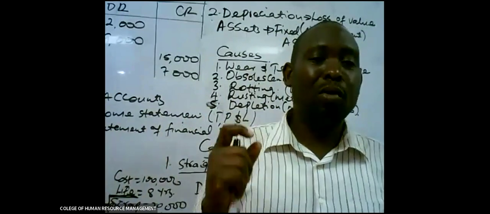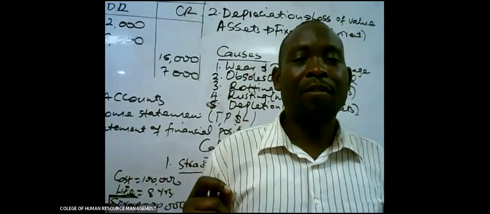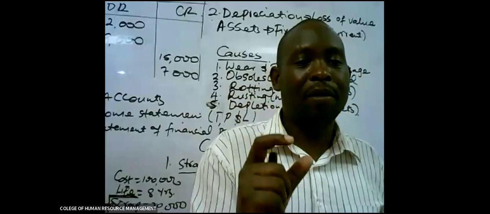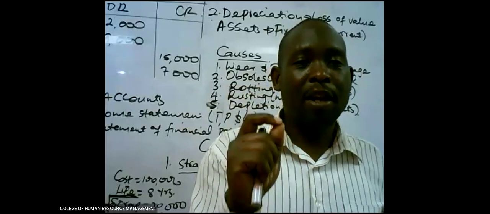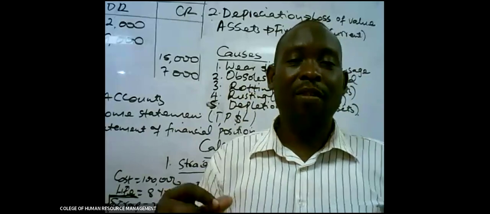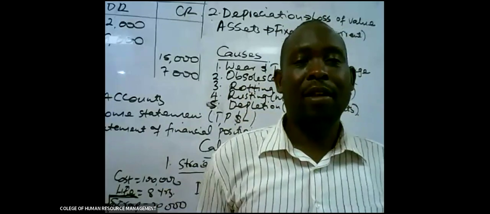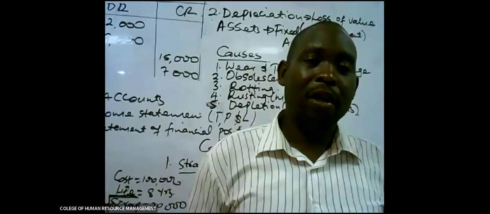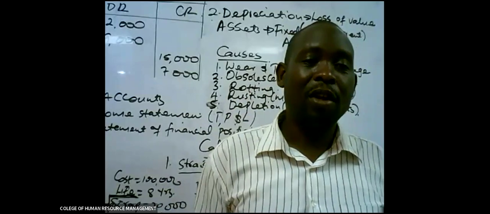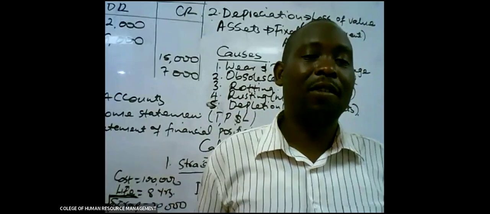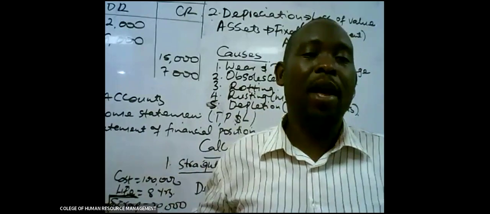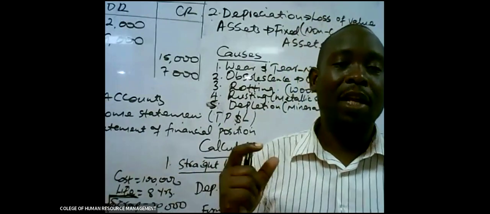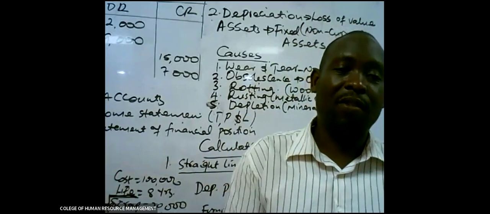And also, it is very prudent. These assets have economic life, they have a lifespan. This asset was supposed to serve you for 10 years. Then after the 10th year, you need to replace it and buy a new one. If you don't provide for depreciation, then you will not have funds to acquire the new asset when the asset has fully depreciated and has no economic benefit to the business.